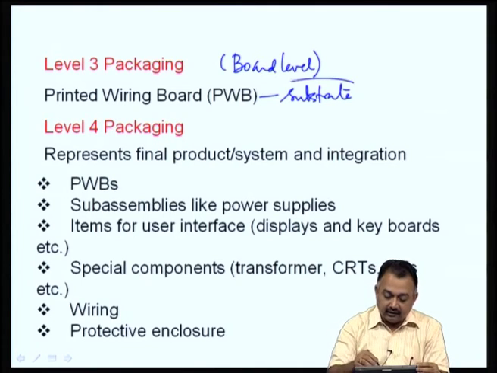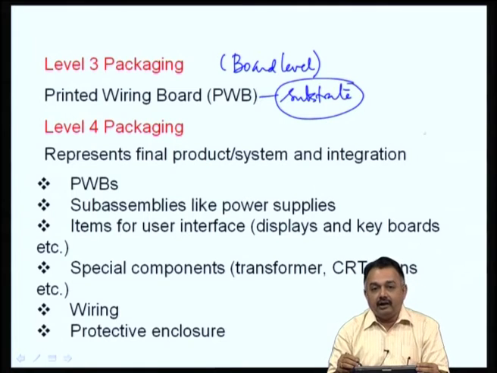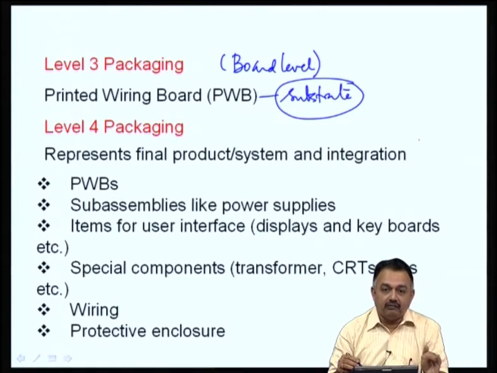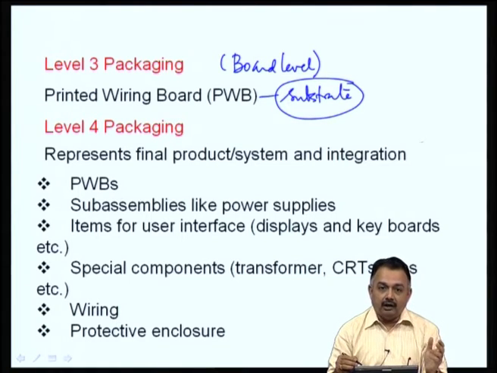And the substrate characteristics are very important in defining the packaging density. The substrate characteristics are very important in defining the electrical performance and thermal performance of your complete system.